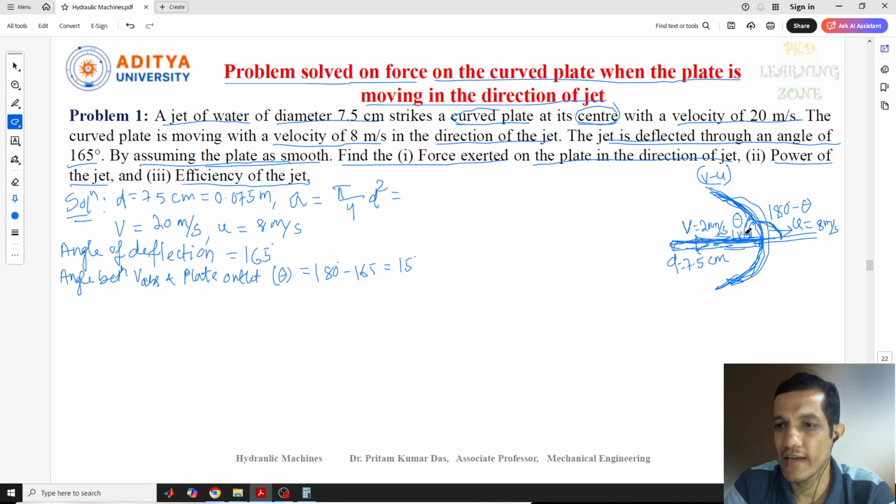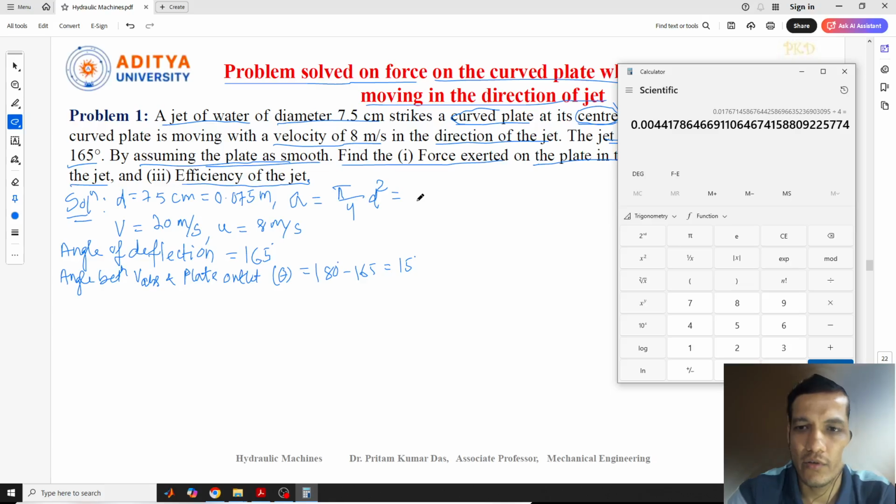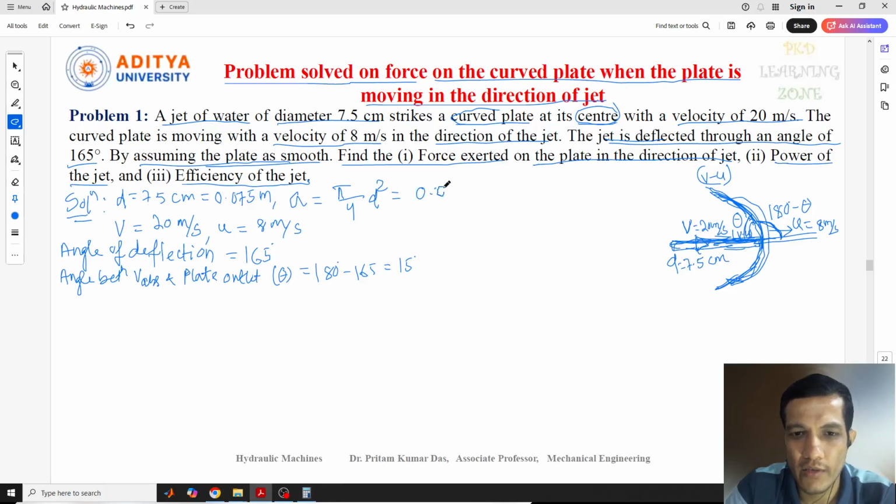Here we can calculate the area, pi by 4 d square: pi into 0.075 square divided by 4, which is 0.004417 meter square. Now we need to find out the first point, the force exerted.